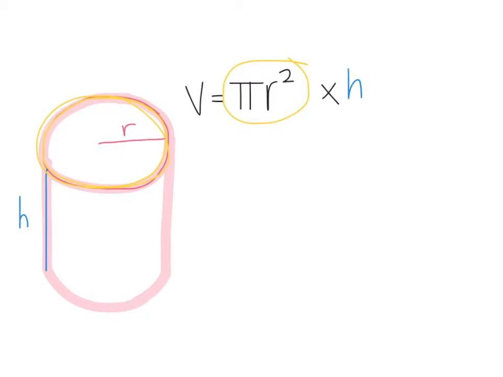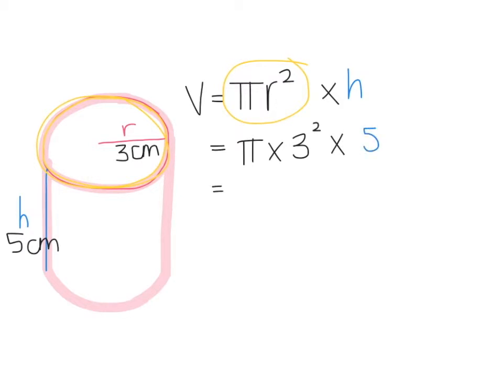So if I had a radius of 3 centimeters and a height of 5 centimeters, I'm going to be looking at pi times 3 squared times 5. And then I'm going to go pi times 3 squared is 9 times 5.